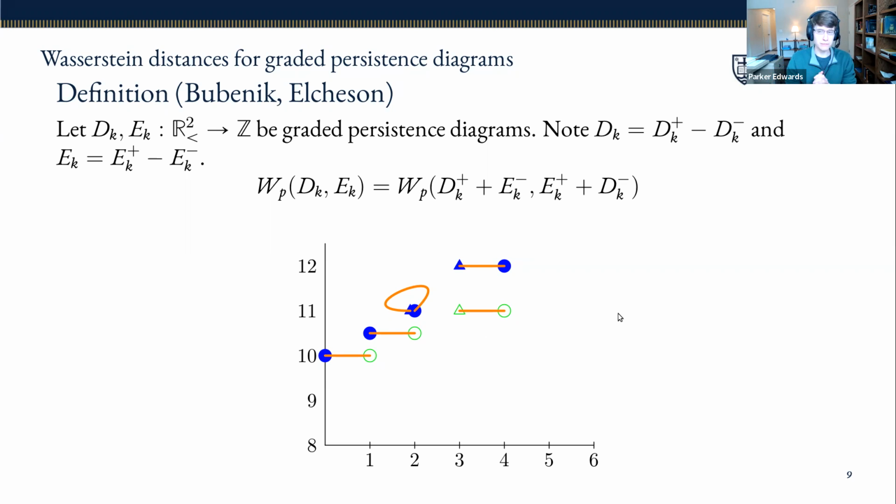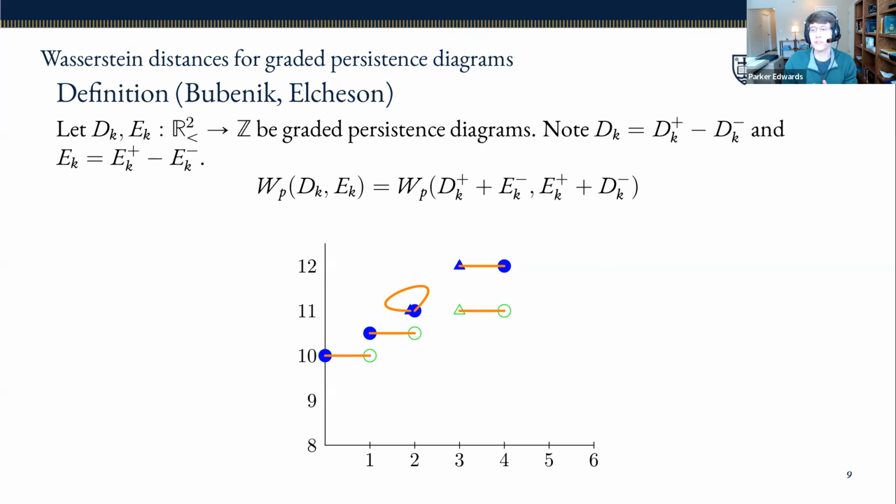And in fact, what Peter and Alex found pretty quickly when they were looking at this construction is that this doesn't satisfy the triangle inequality for anything except p equal to 1. And we had some discussion of that in the questions, in fact, after the last talk. But the examples they were looking at the time weren't structured like graded persistence diagrams.